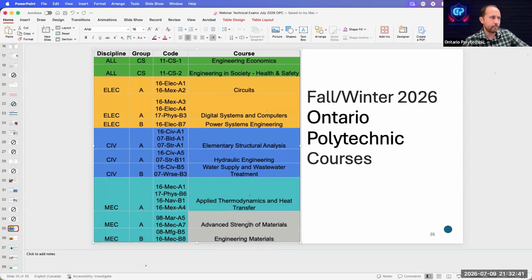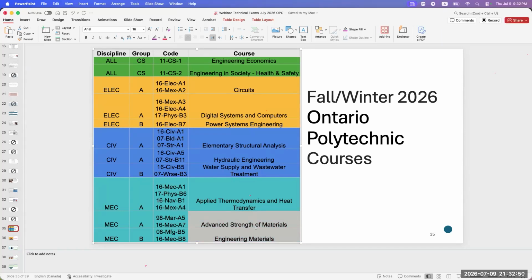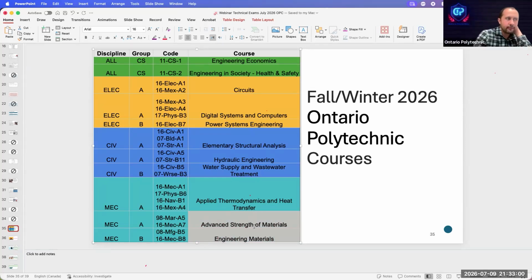Maybe materials differ from mechanical to mining, but if they are the same, you can take these. I went through the courses, and none of these are part of it other than engineering economics we have here. Unfortunately, for the technical exam we don't have them, but MPP and CBA are common with all disciplines, so there are no differences.